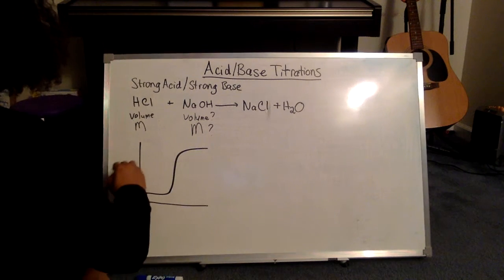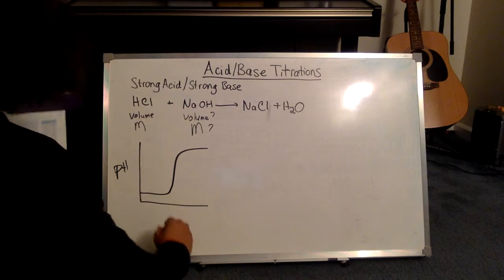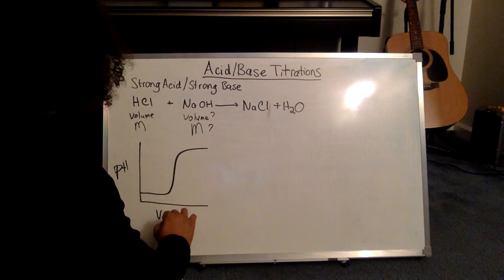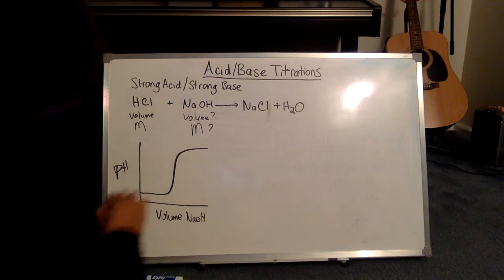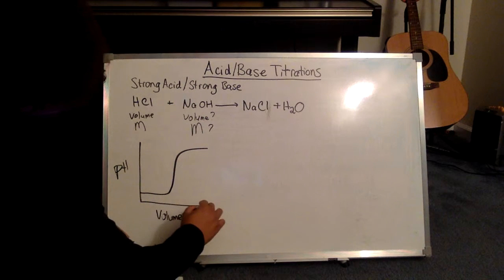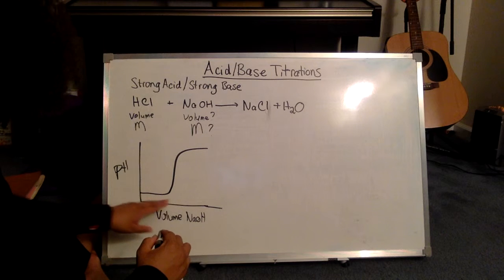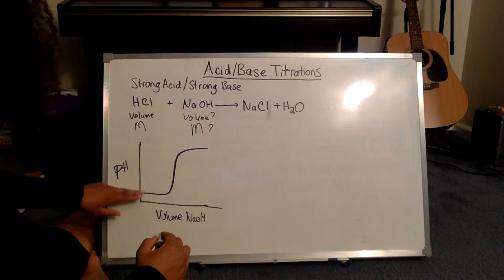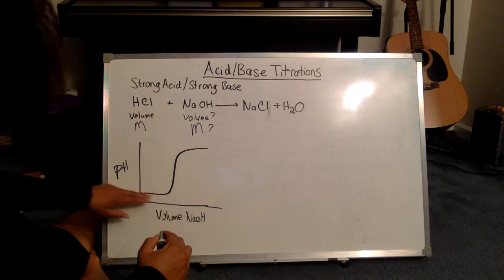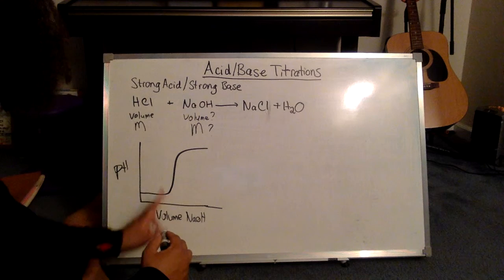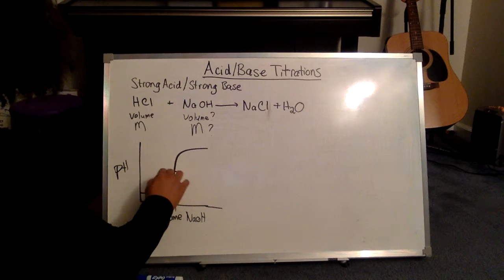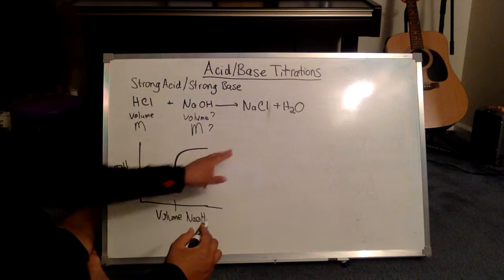At the bottom, let me just draw it. We have pH, and we have volume of NaOH. So as we increase the volume of NaOH, the pH at first changes really, really slowly, still very much acidic, and then at a certain point, it shoots up, and then it gets very, very basic.